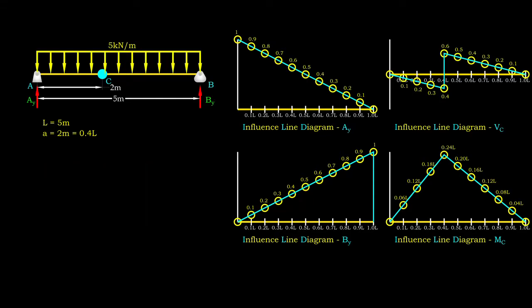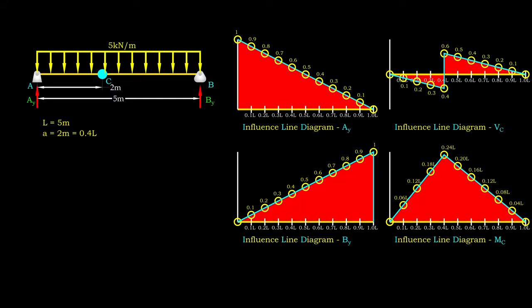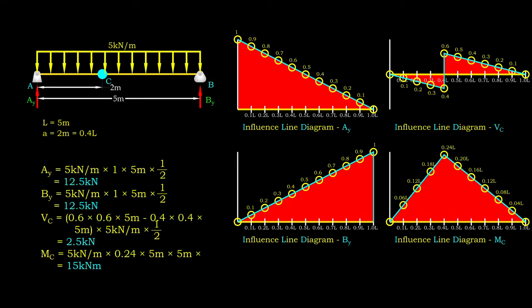When the beam is loaded with a uniformly distributed load instead, the forces can be calculated by multiplying the area under the graph that superimposes the loading with the load value. A beam loaded with 5 kN per meter of load over the entire span induces reactions of 12.5 kN for both supports.